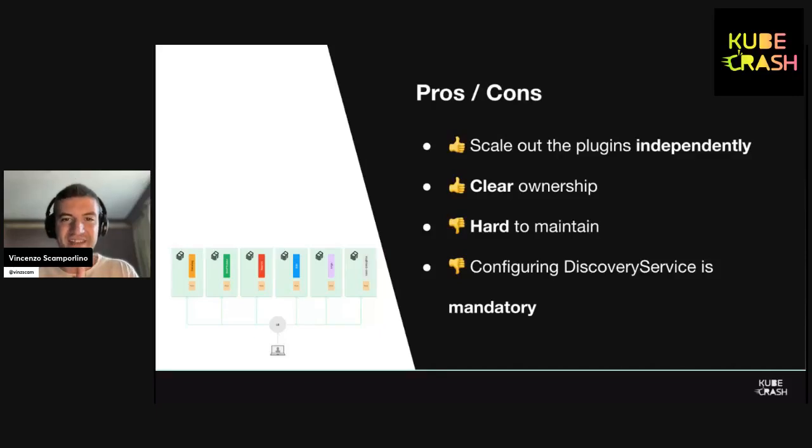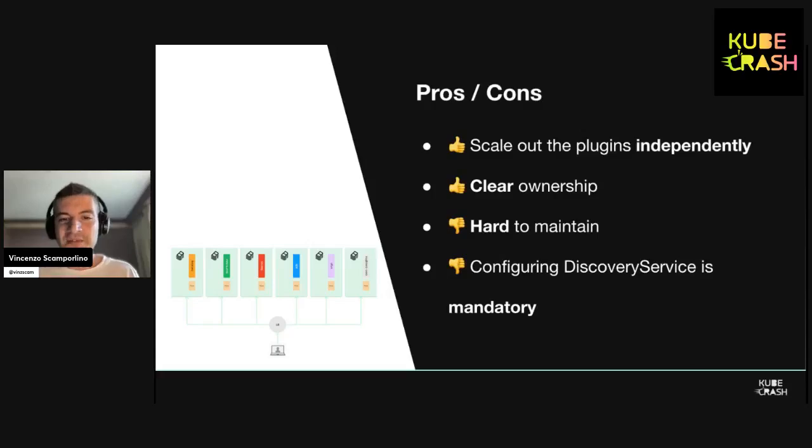On the other hand, the drawback of this approach is that maintaining the infrastructure around all these plugins is going to be hard. Imagine just upgrading Backstage. Now you don't have just a single Backstage instance that you need to upgrade, but you have a lot of small Backstage instances that you need to keep up to date. And of course, the discovery service needs to be properly implemented as well.